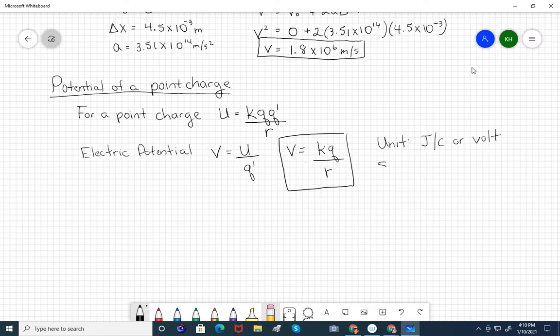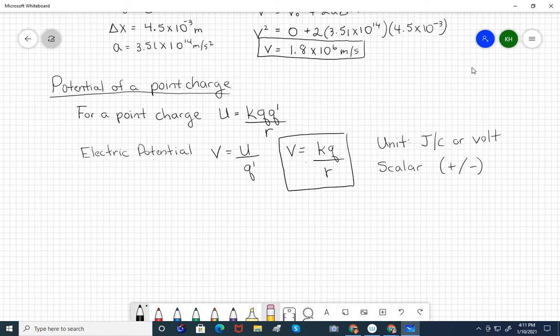This is scalar, which means it can be positive or negative depending on the charge. That's really interesting. There's no such thing as negative mass, so there's no such thing when you're doing gravitational potential energy. The height is generally considered positive above zero and negative below zero.